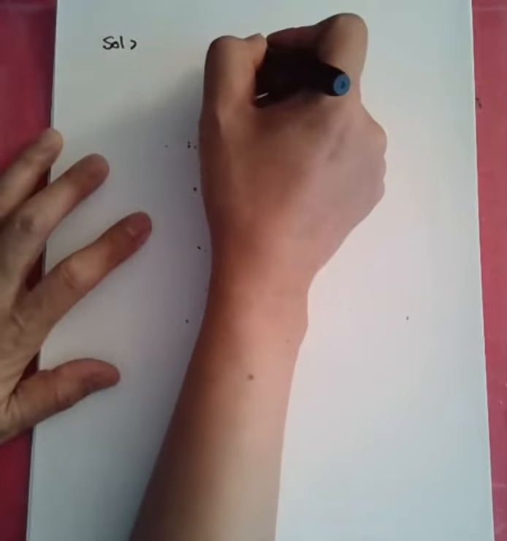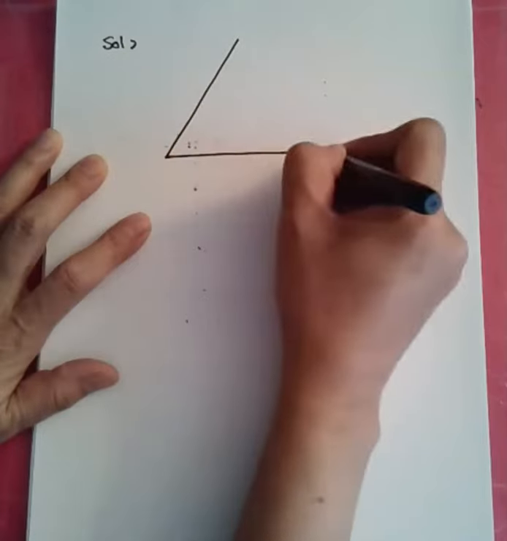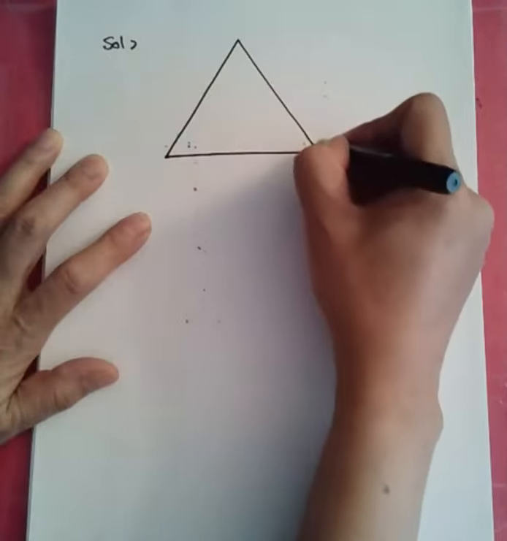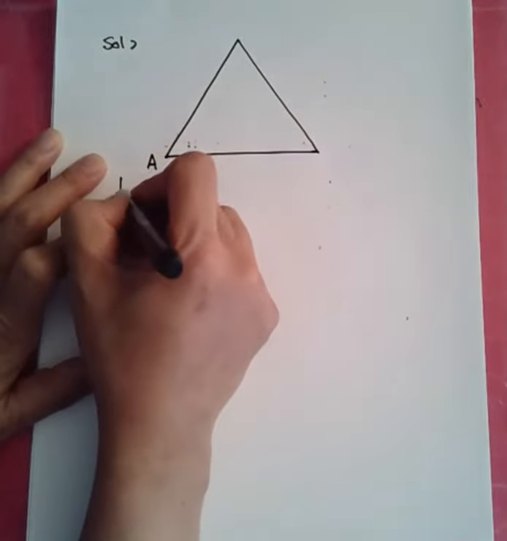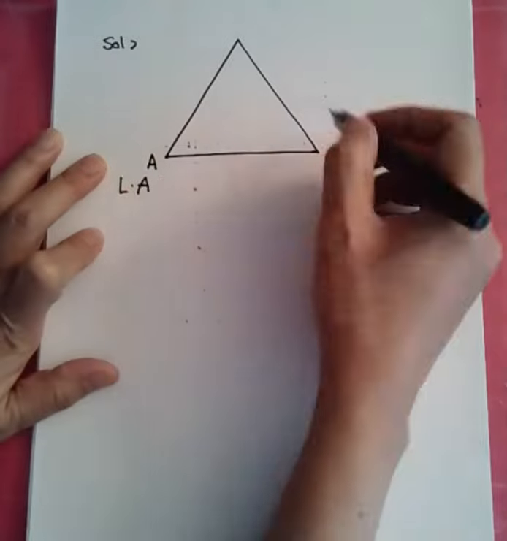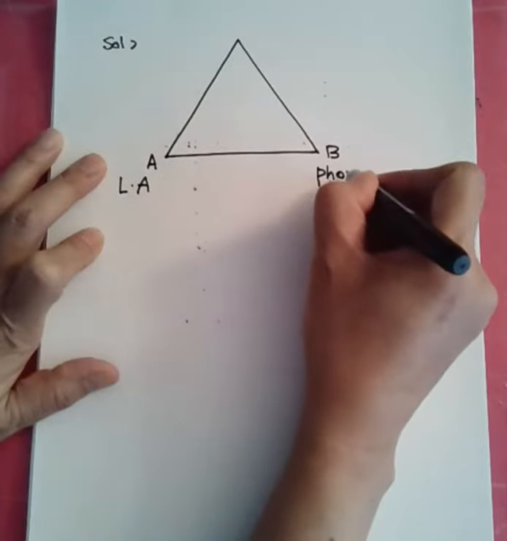In this problem, when we simplify it, it looks like this. We have a triangle. A is Los Angeles and B is Phoenix. And there is a satellite here.